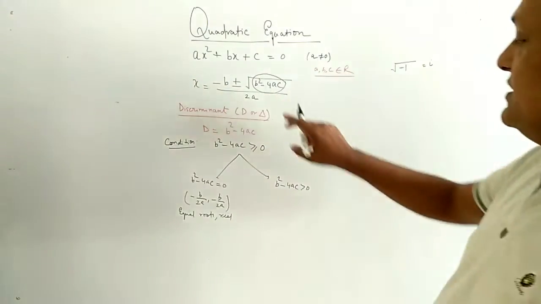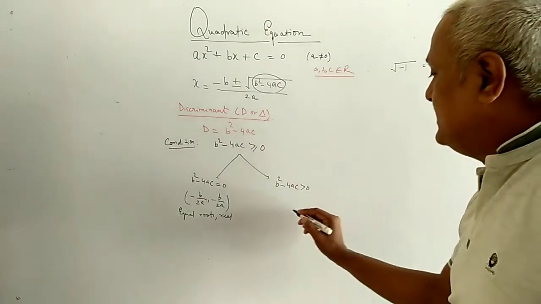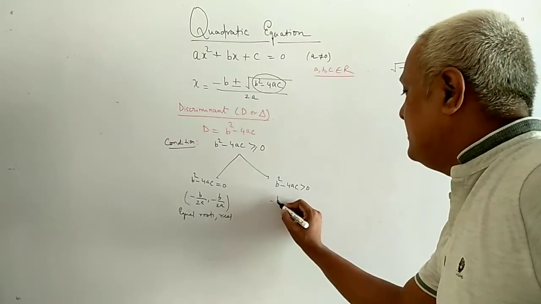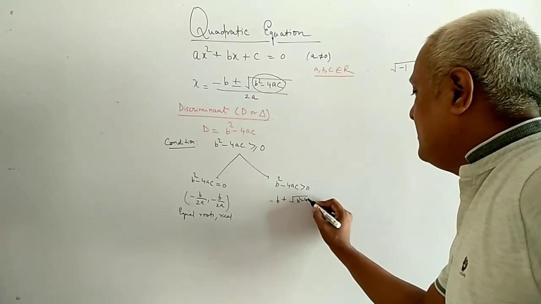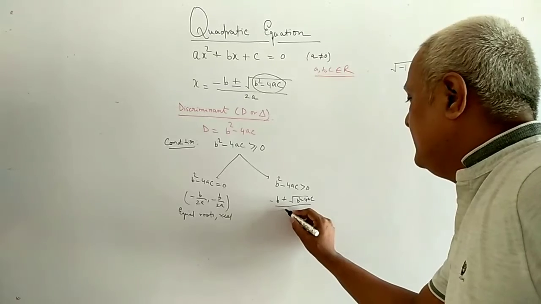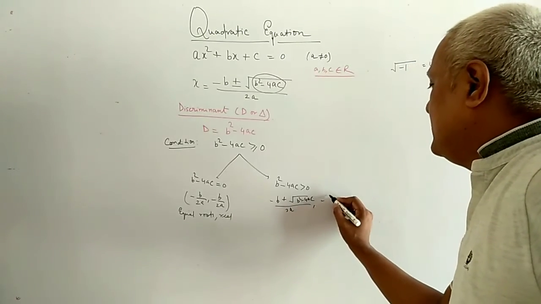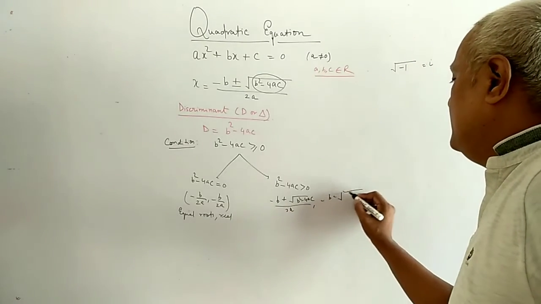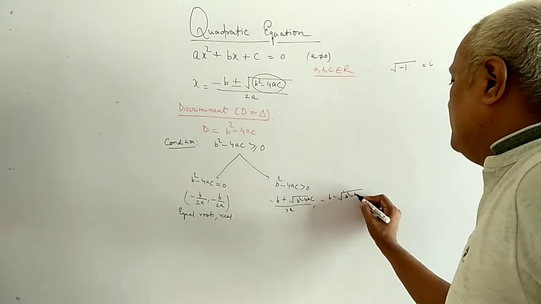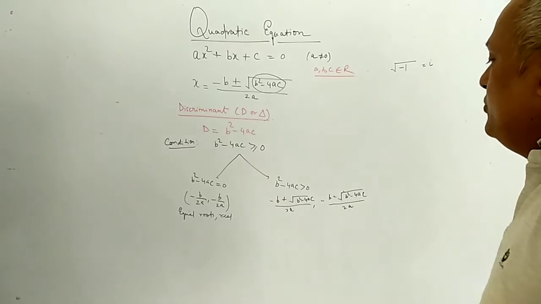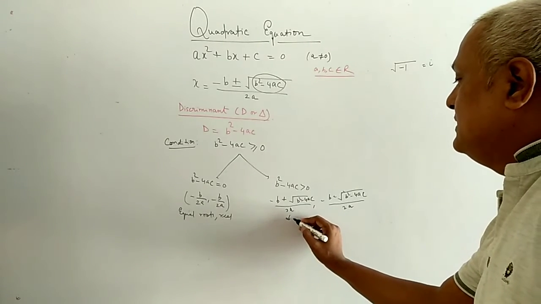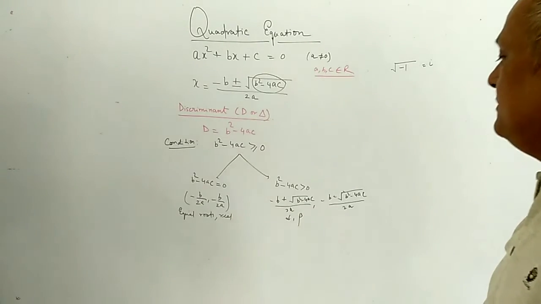Then after solving this, you get the two values of roots, and that is one is minus b plus under root b square minus 4ac over 2a, and another one is minus b minus under root b square minus 4ac over 2a, and this we call alpha beta.